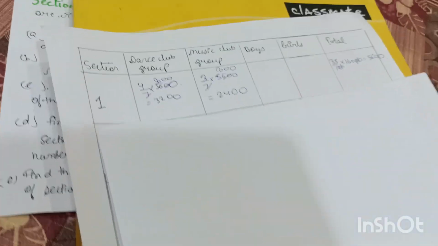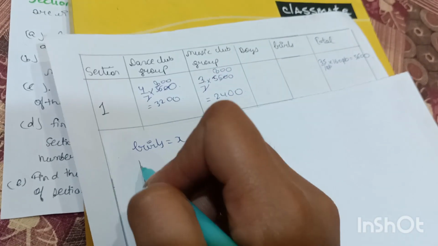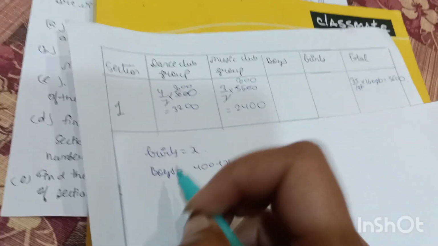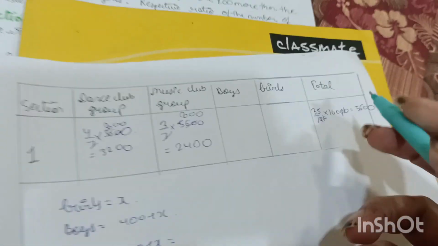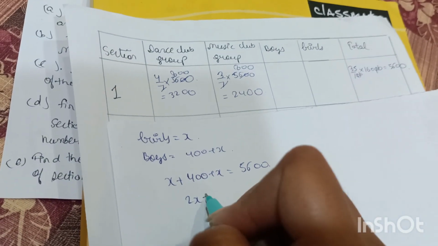So let's see. So let girls be X and boys are 400 more, so 400 plus X. Okay, so now let's make girls plus boys equals to total number is given 5,600. So when you solve, you'll get like this.